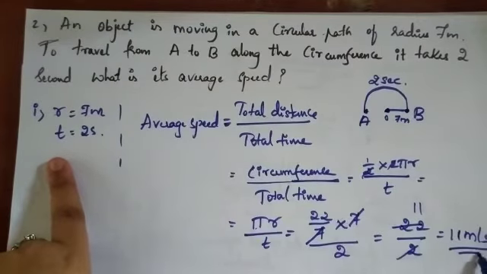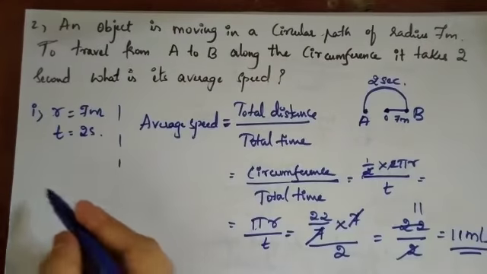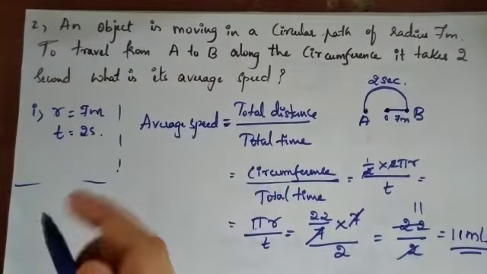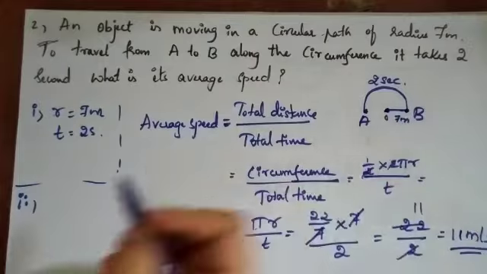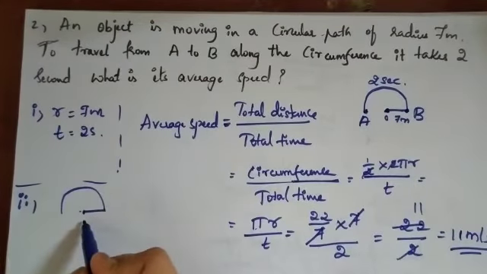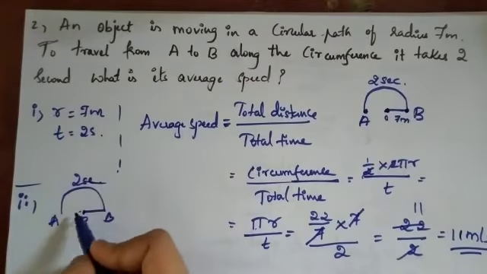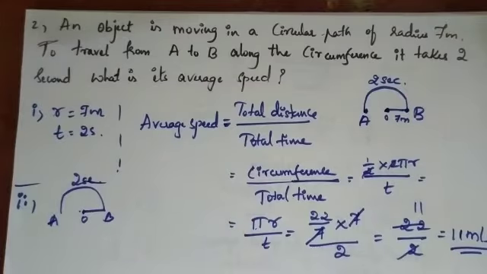Average speed is 11 meter per second. If the next question asks what is the velocity of that object, velocity is displacement by time taken.